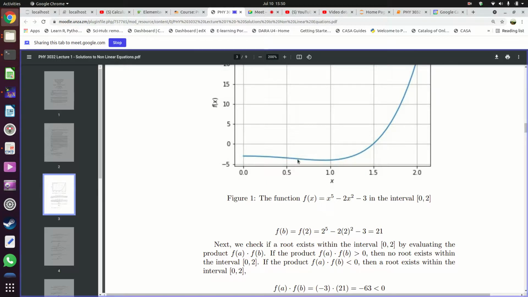The same thing we did at the beginning. How do we find out that there is a solution in an interval? We work out the value of the function at those particular points, then we multiply the values. If the product is positive, then we know there's no solution. If the product is negative, then we know there's a solution. Are we clear?